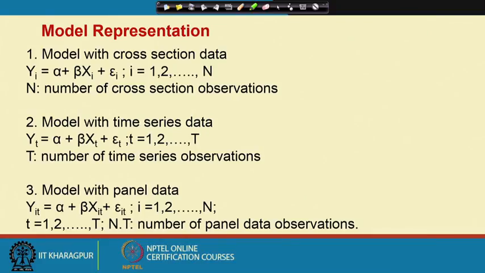In simple terms, the usual framework of modeling is with respect to cross sectional, then with respect to time, and then with respect to panel. Technically, here we have two variables y and x, connected with i and t.